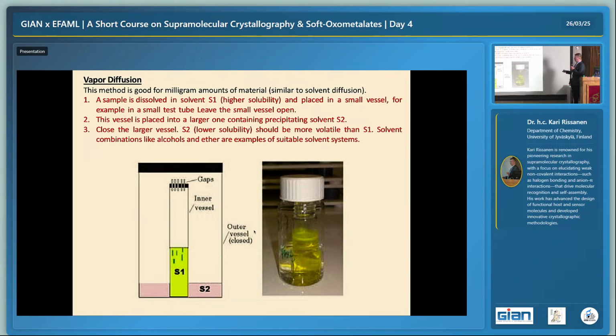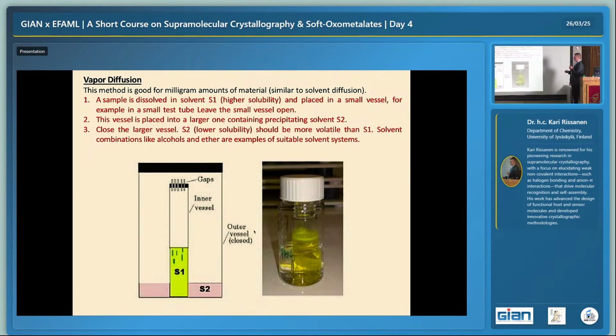And now this gas will go in here and slowly diffuse in here. And now this level will go up because all the time there is S2 going into S1, so the solubility of our target molecule will be smaller and smaller all the time.